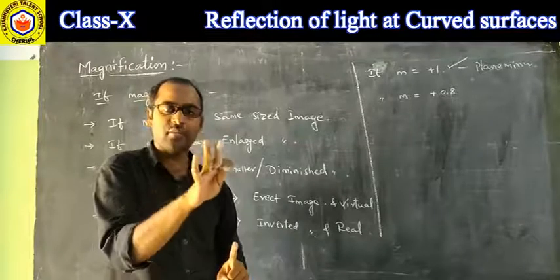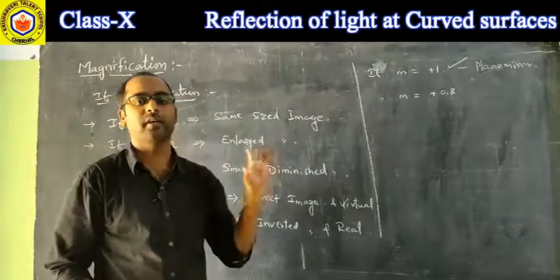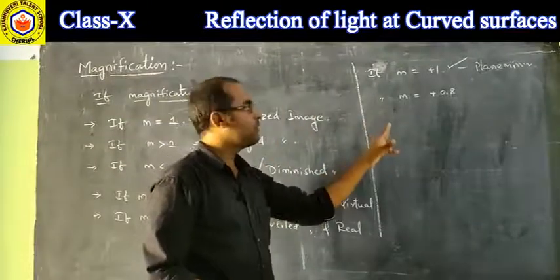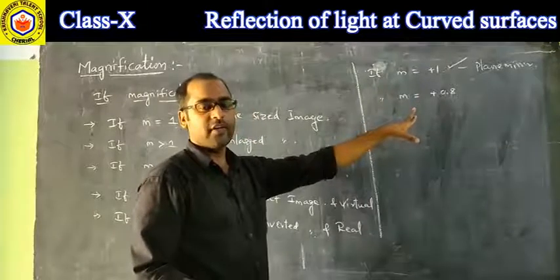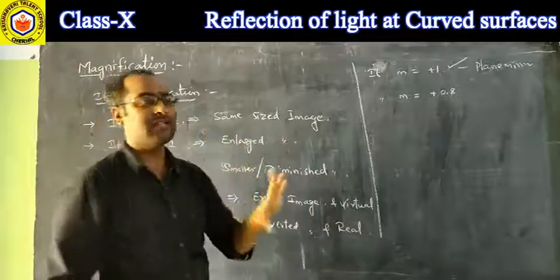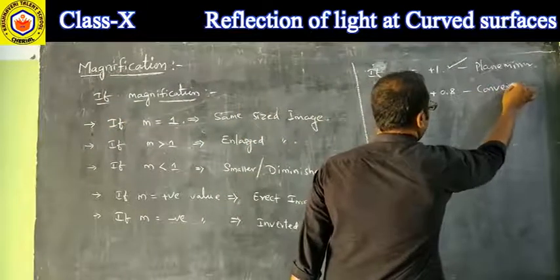For which mirror is it possible? It is possible only for a convex mirror. For a convex mirror, the magnification value is always positive, and it is less than 1.